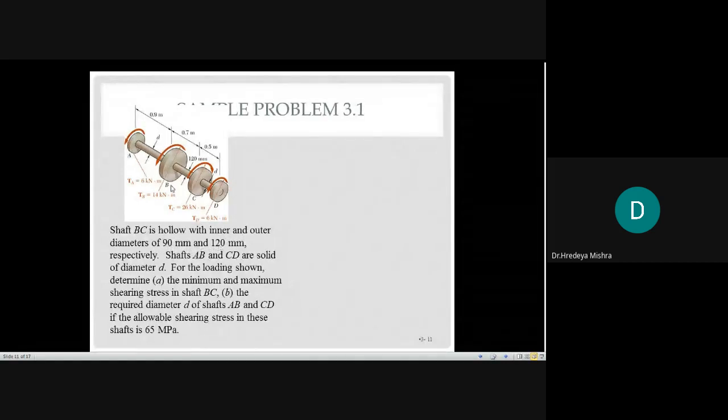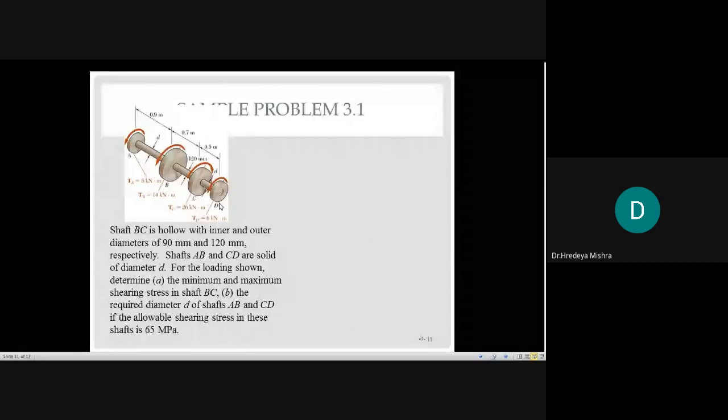All the information is given here. Shafts AB and CD are solid, meaning AB and CD are solid shafts with diameter d. For the loading shown, determine A.